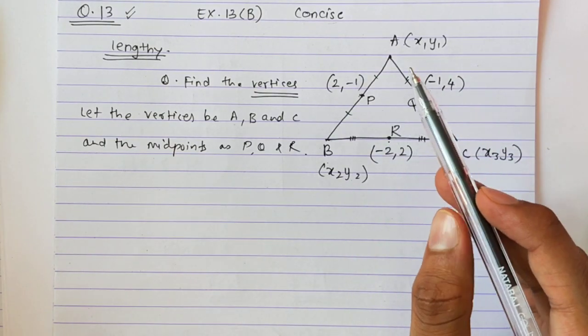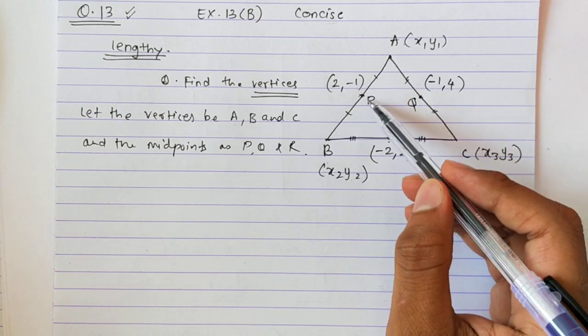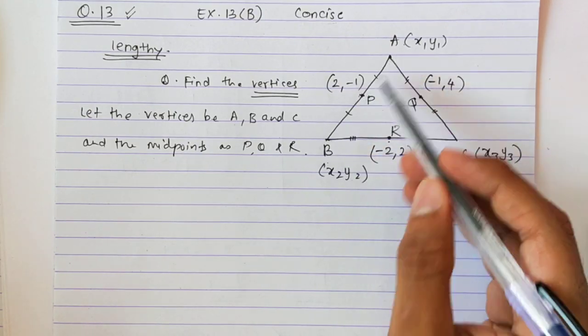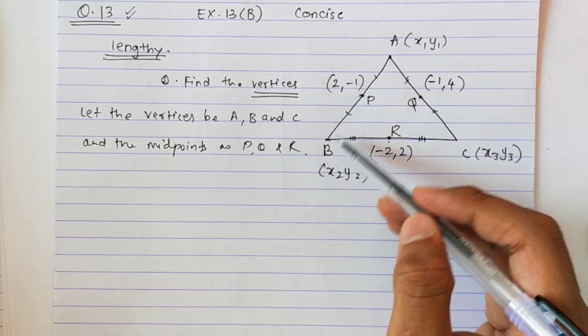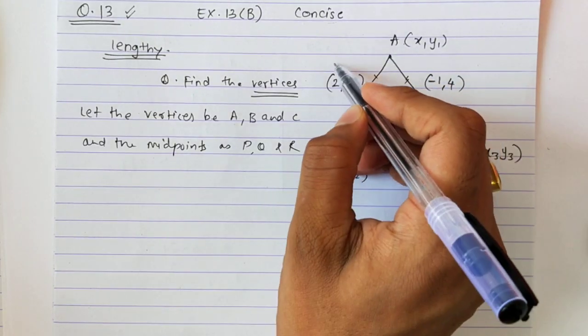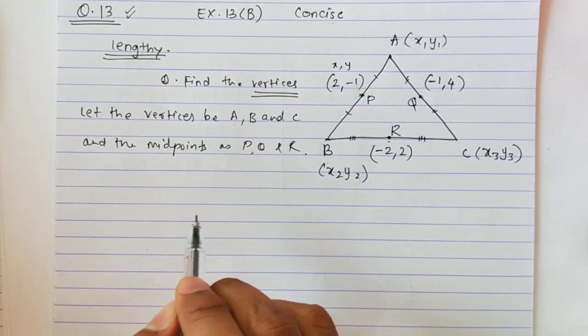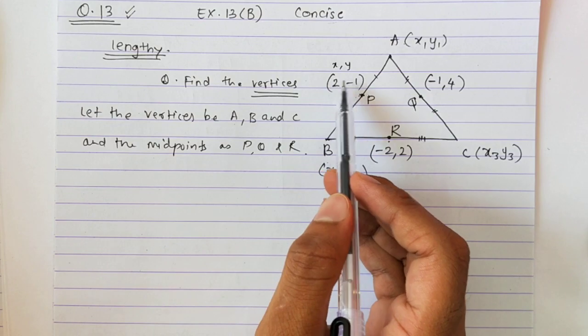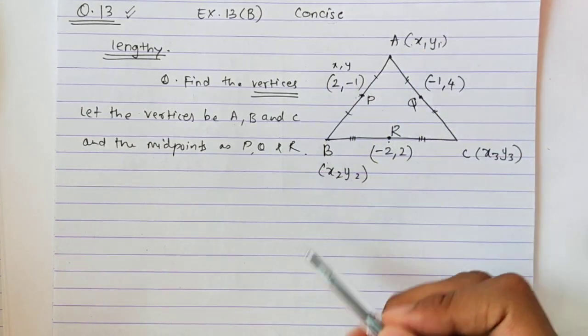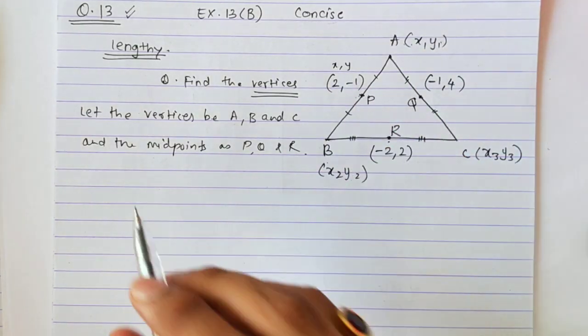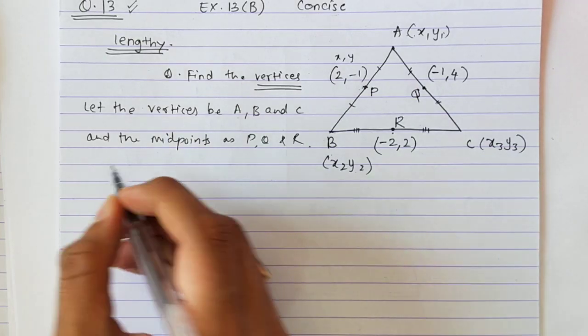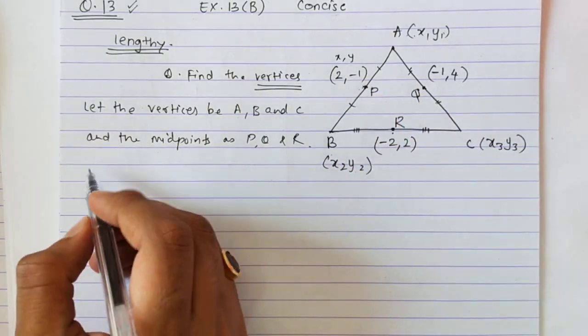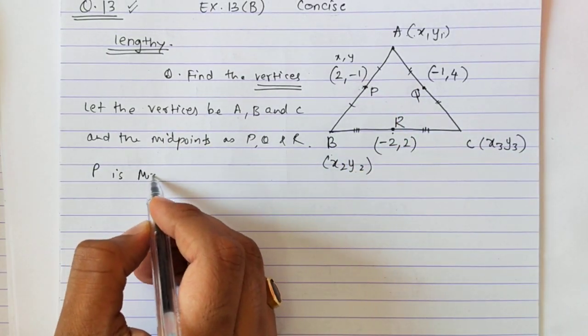So you agree with me that P is given as the midpoint of AB. Now if P is the midpoint of AB, I'll take P as (x, y). Correct? This is (x, y), this is (x1, y1), this is (x2, y2). So I'll apply the formula here. P is the midpoint.